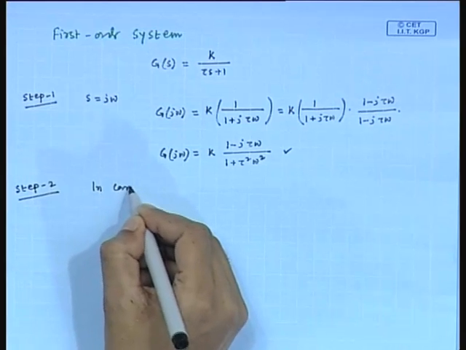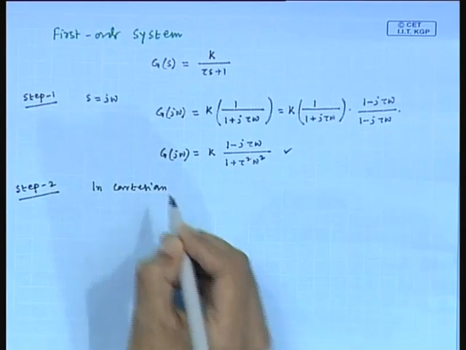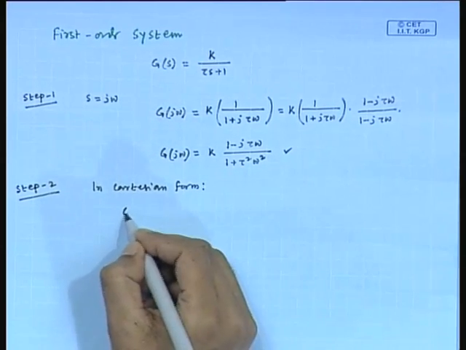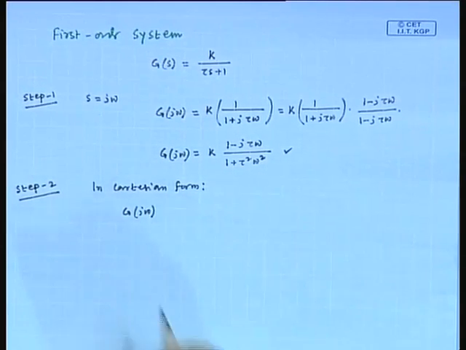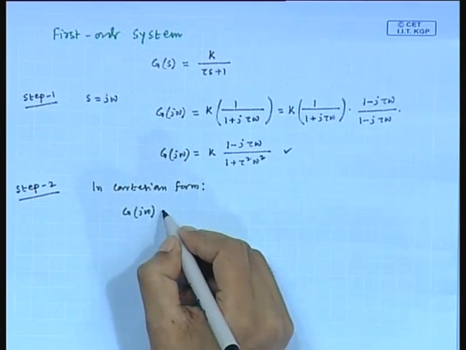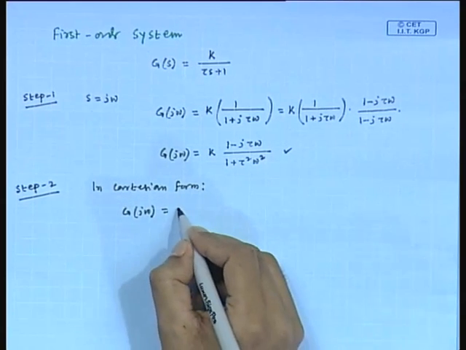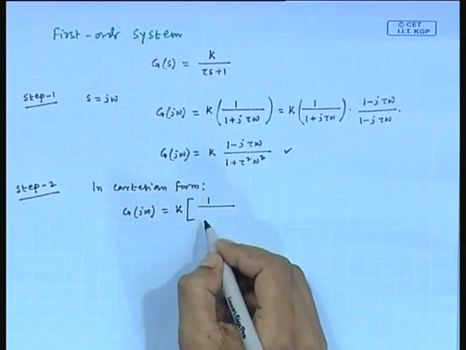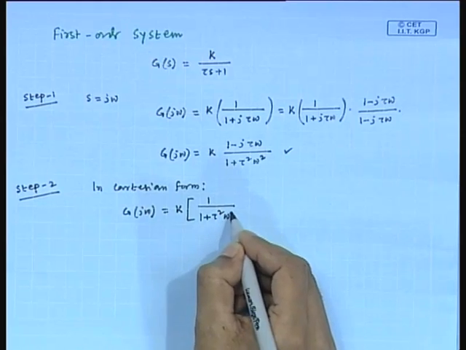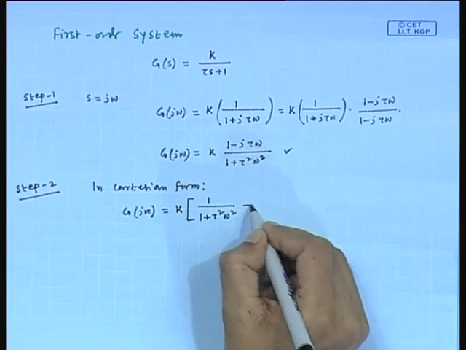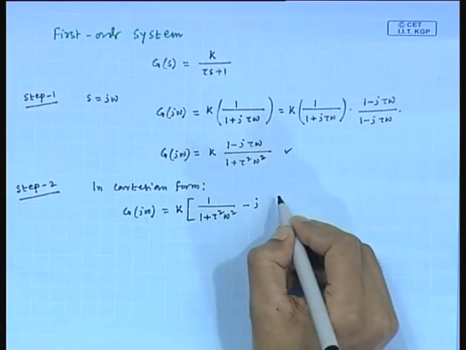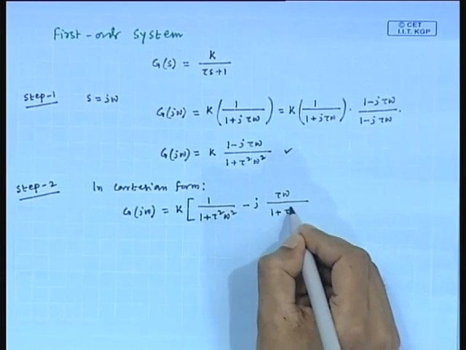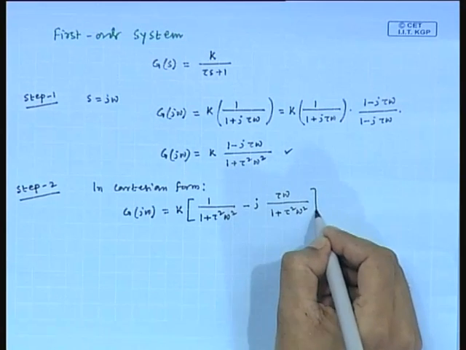In Cartesian form, we can write the frequency response transfer function as G(j omega) equals K multiplied by [1 divided by (1 plus tau square omega square) minus j tau omega divided by (1 plus tau square omega square)].